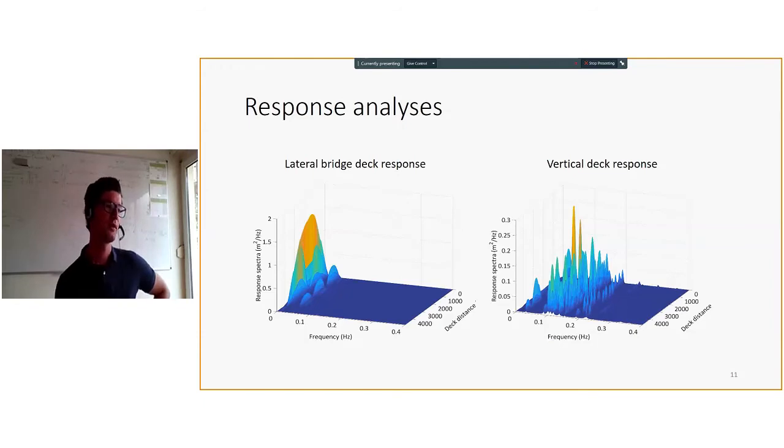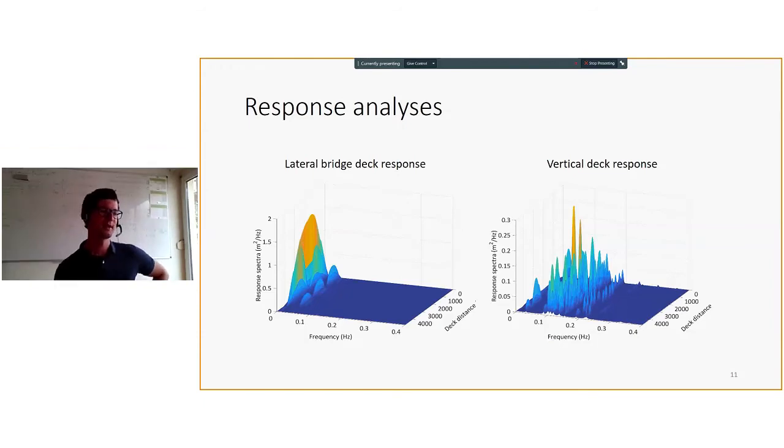What we can extract here, for example, is the deck movement and the deck displacements along the deck, which is about 5 kilometers long. You see here we have a frequency axis, which tells us which frequencies are excited, and also from the shape of these hills you can technically see which mode shape it is.